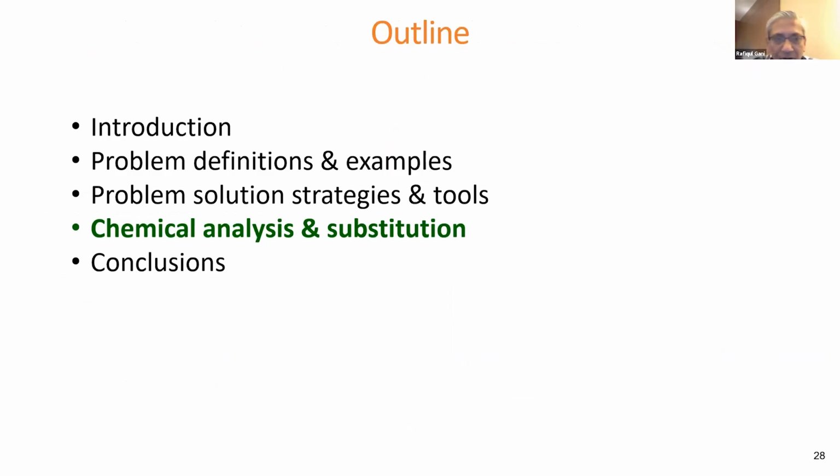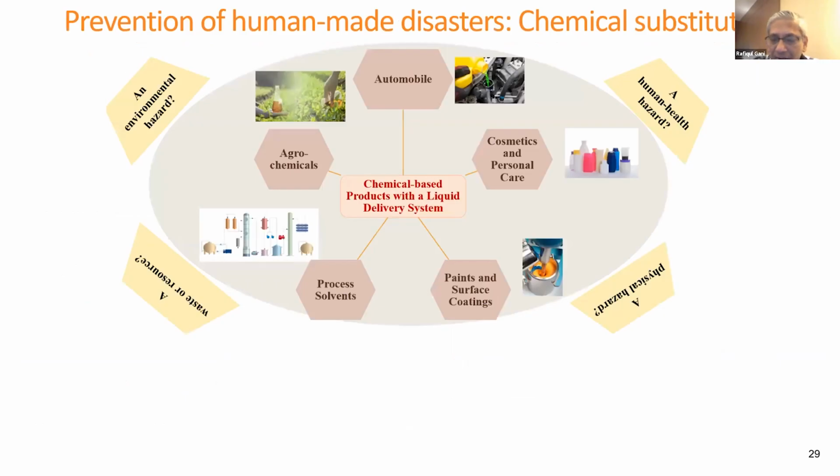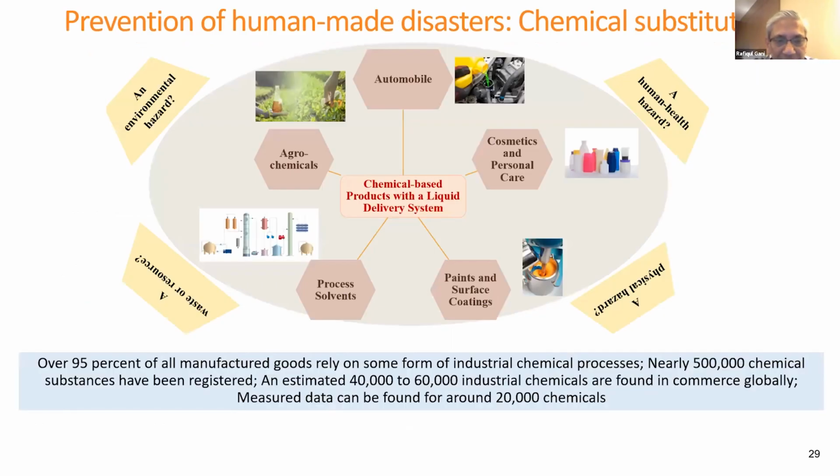I will go to the chemical analysis and substitution. Why is this important? Because nearly 95% of all manufactured goods in some form use industrial chemicals. Nearly 500,000, I think it's closer to 1 million chemicals have been registered and used.